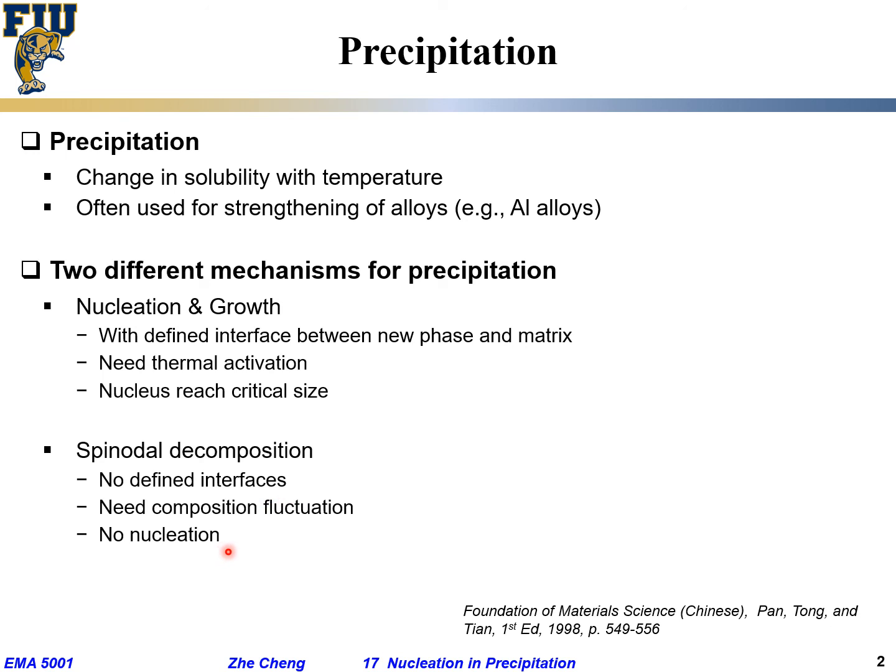So at the very beginning stage, it's hard to pinpoint what's the nucleus and what's the matrix. There's no nucleation process. We'll talk about these two different mechanisms in greater detail. For this part of the lecture, we'll focus on the nucleation and growth process, the first mechanism or the first pathway, while spinodal decomposition will be the second pathway that we'll focus on later.